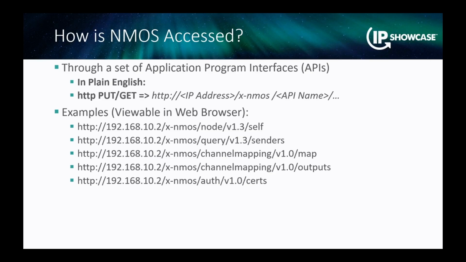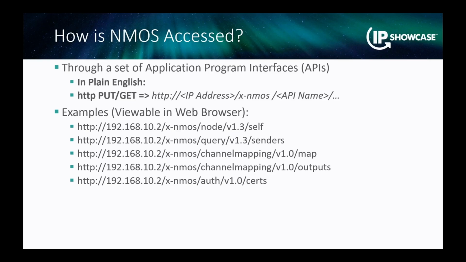If I want to command it somehow, like to do an activation, meaning to do a switch, then I do an HTTP put, which is a write to that IP address /x-nmos, like I might want to write to a sender, an audio map, or a secure port. So it's a very simple interface.